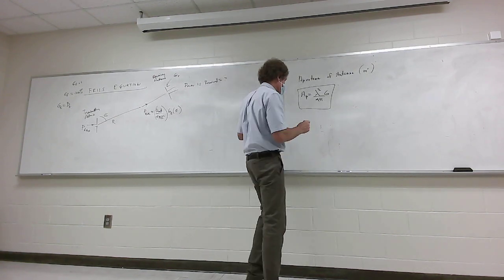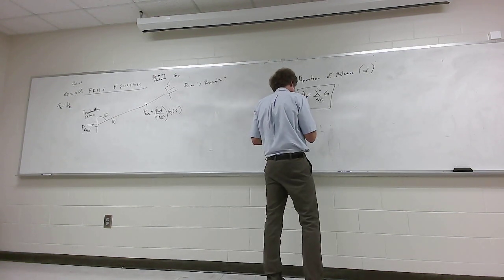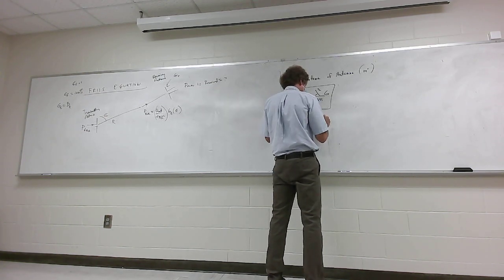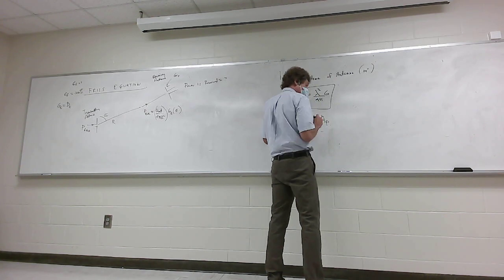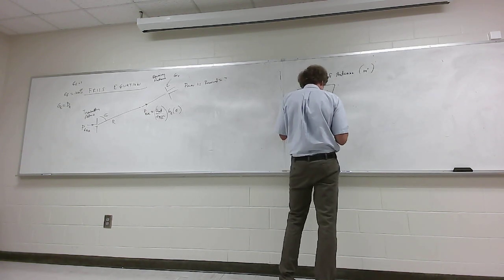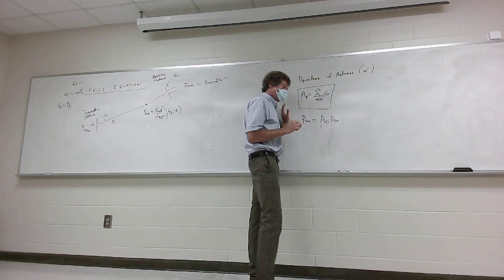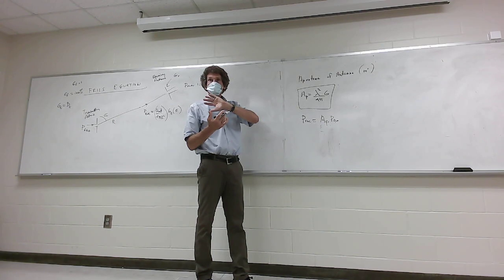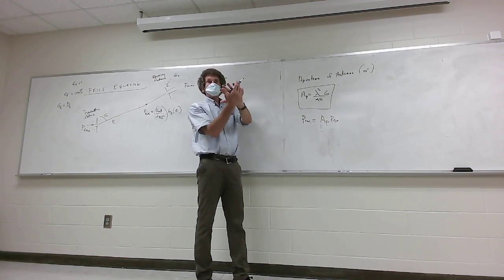So to get the power received at that antenna, it's really the aperture of the antenna, the electrical size, times the average power density of the incoming wave. It should make intuitive sense to you. If you know what the power density is striking an antenna, and you can find some measure of the electrical size in meters squared, you should be able to use those two things to get that.